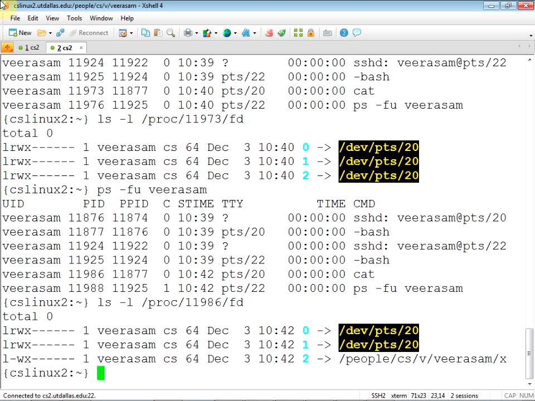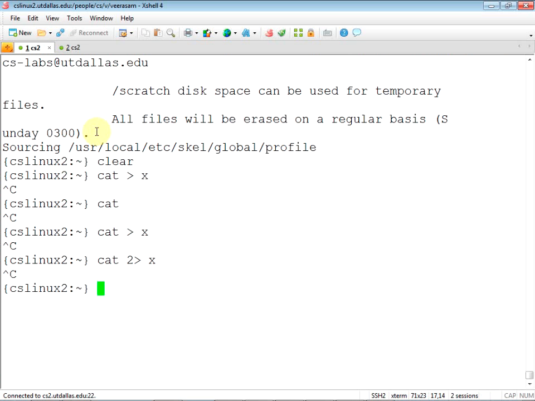Now let's do the pipe. cat | wc -l. I purposely select cat because that way it will wait. We want to see its behavior, right? If I do ls, it's done, I cannot check. That's why I do cat. So cat is waiting for our input.